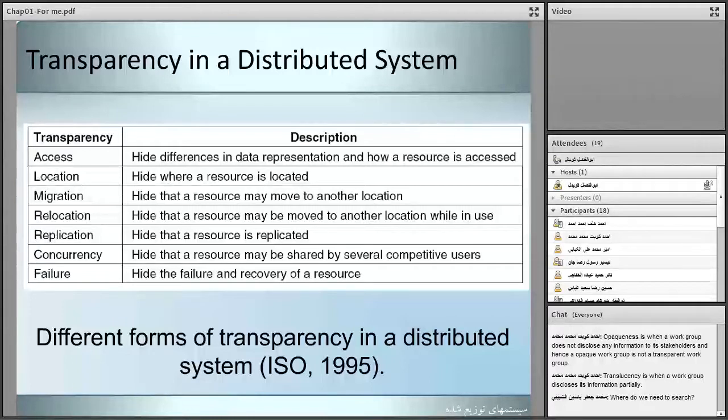We said that we need to provide different forms of transparency for our distributed systems, so users can see the system as a single coherent system. It's because of transparency. Now, I ask you, is it a good idea to have full transparency always?